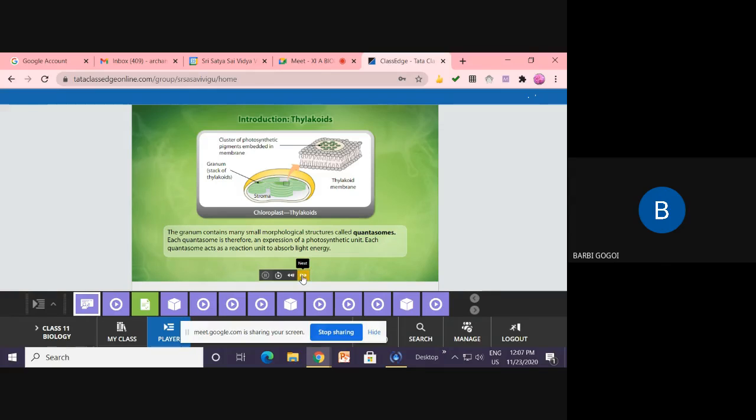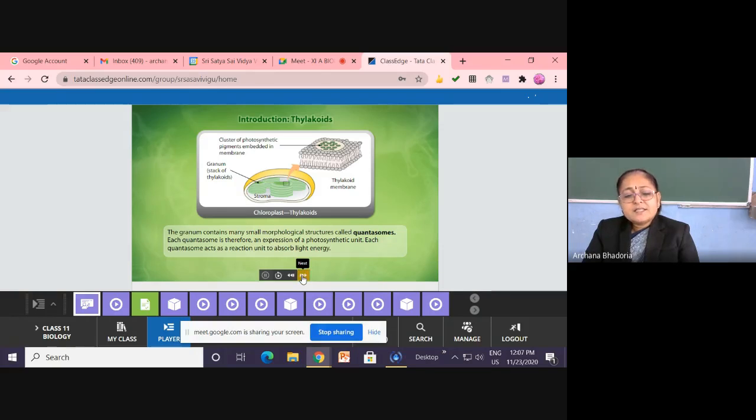The quantosome contains four pigments. Two are chlorophyll A and B, which are essential pigments. They trap the sunlight. Very good. This is the reason, children, that quantasomes contain chlorophyll pigment molecules.